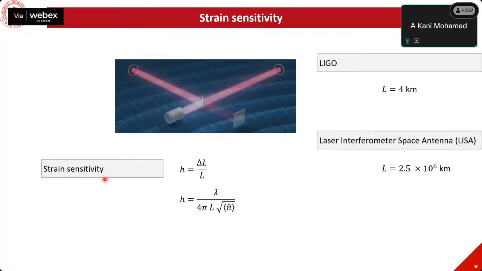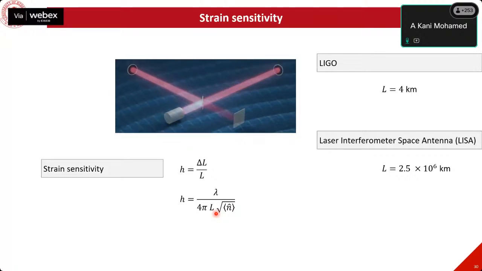That's what we call gravitational strain. The gravitational strain sensitivity can be defined as delta L by L. So this strain sensitivity is lambda divided by 4 pi L times square root of n bar. This is the sensitivity of the LIGO instrument if we consider the noise only from the laser.